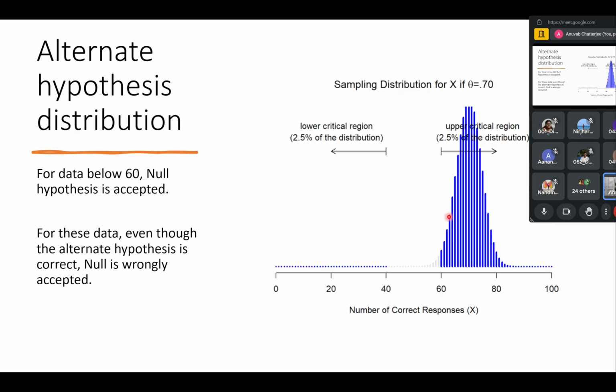So it was a very easy test. So everyone actually scored close to 70%. So your entire distribution is shifted towards the right. Most of the mean is around 70%, and it is completely in the middle.